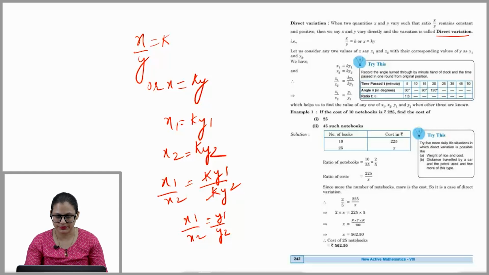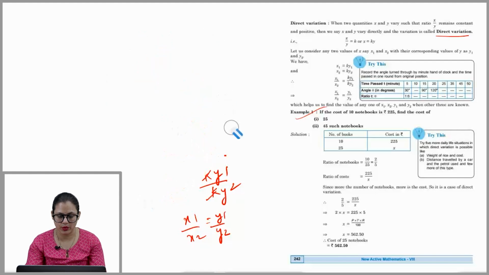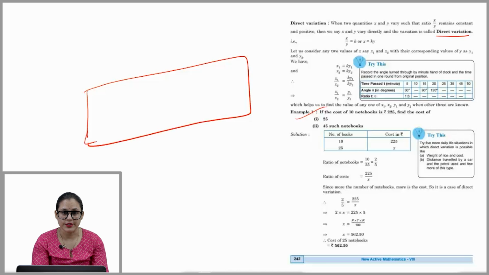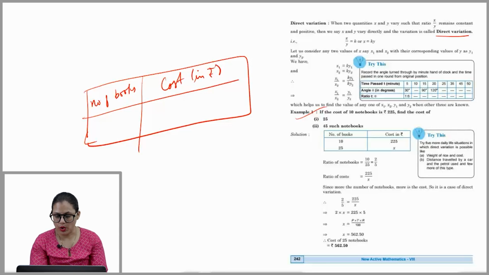Okay, example. If the cost of 10 notebooks is 225, find the cost of 25 or 45 such notebooks. Okay, so first we will make a table. We will write the number of books first and then the cost in rupees. So what values are given?